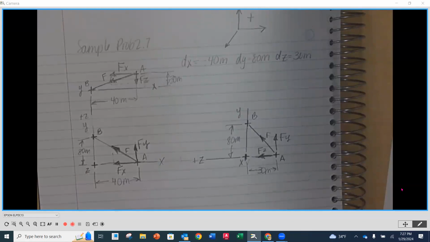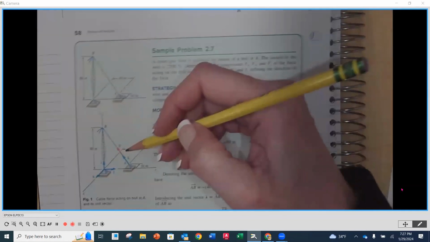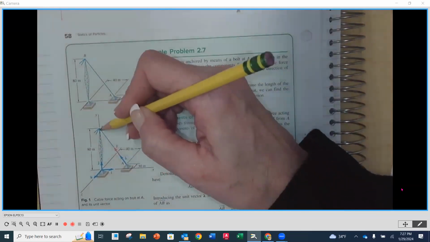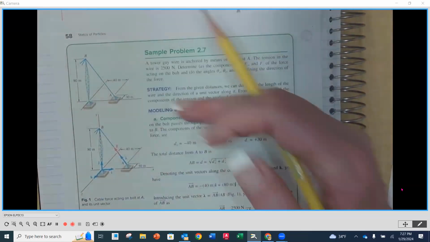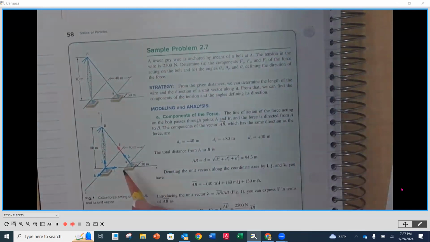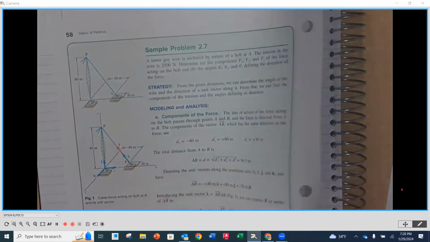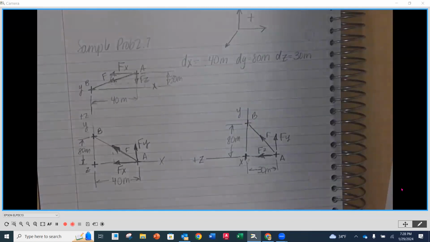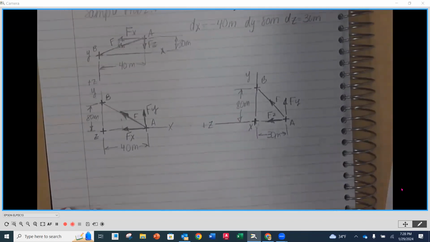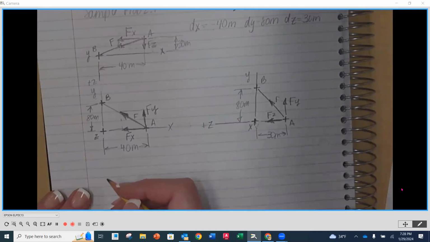So now we want to find the length of line A to B. A is here and it's going up to here. So what we're going to do is use those distances, the 30, the 40, and the 80.